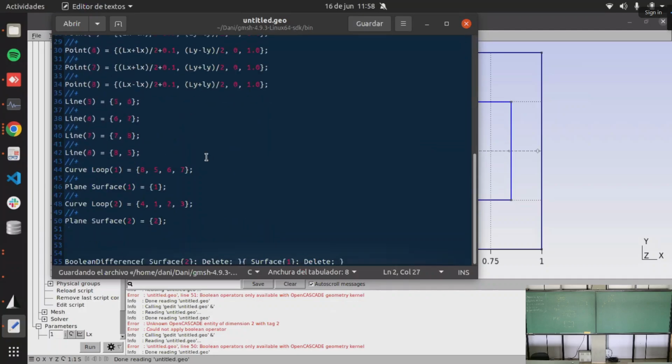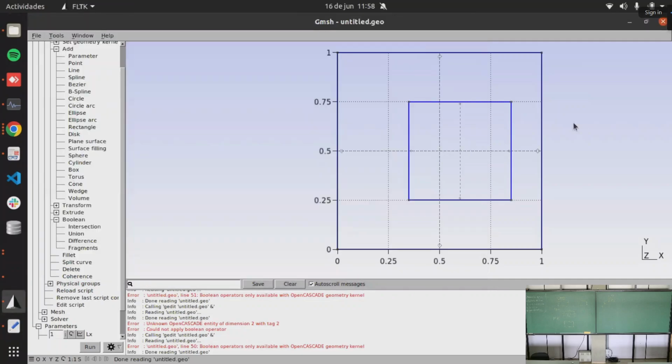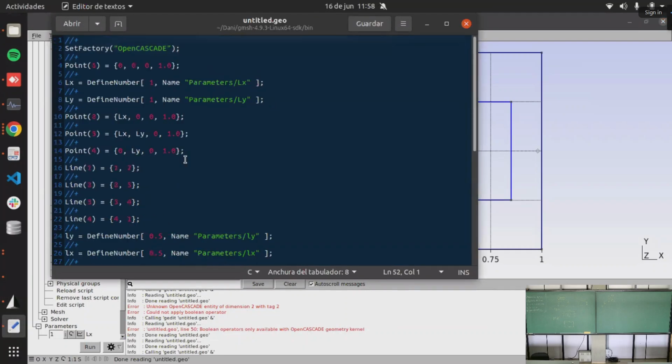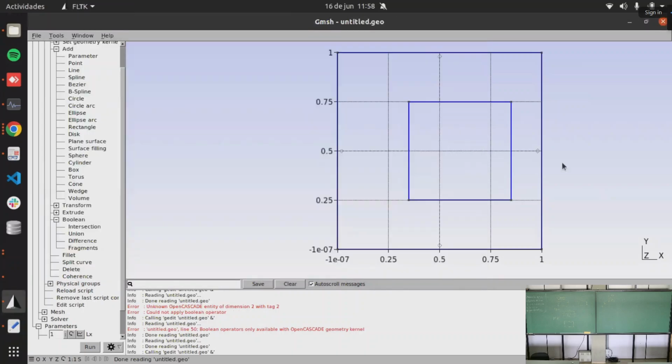Thank you. That's it. Yeah, I forgot the Open Cascade at the beginning of the script. So for the Boolean difference, we have to set the bigger area, and after that, the small area that I want to extirpate. Thank you, Oscar.